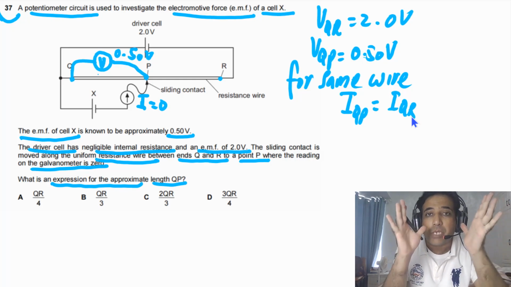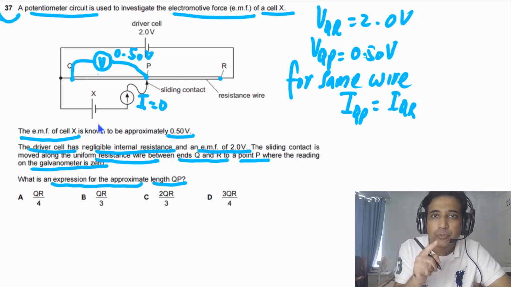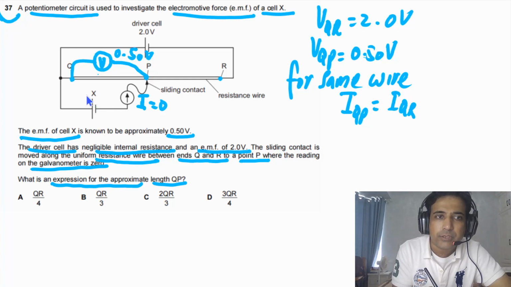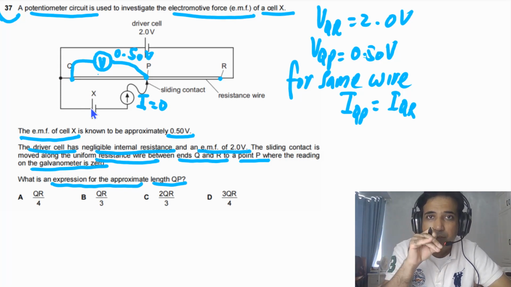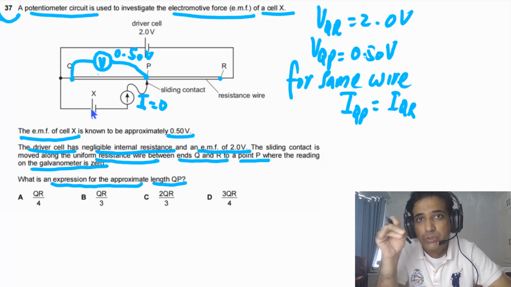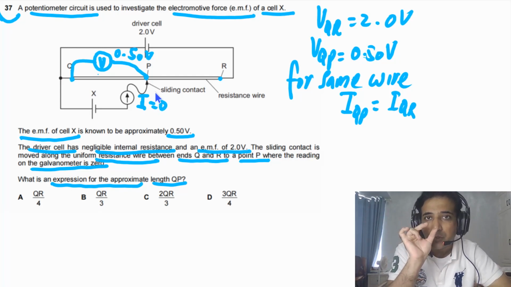This is the main concept you need. Also, before I answer this question, you need to understand the internal resistance of the test cell. It doesn't matter whether it has internal resistance or not, because when the current is 0, the voltage lost across the internal resistance is equal to 0.